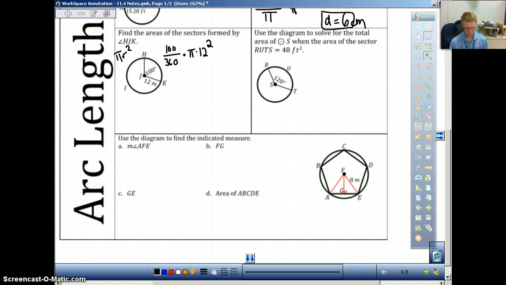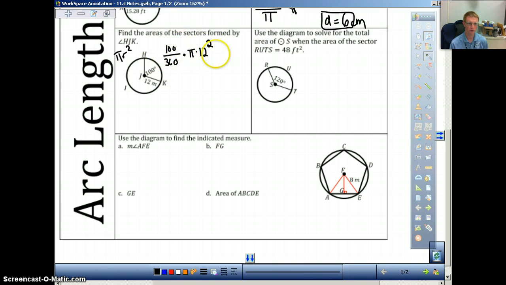Okay? So again, that should be pretty straightforward, because you just need to think about sections. I want this section of the circle. This section is this fraction of the entire circle, and this is the area of the entire circle. So if I know what the fraction of the circle is, and I multiply it by my entire area, then that will give me my answer. Okay, so there's not a lot of work that's required. You just want to think your way through this logically.